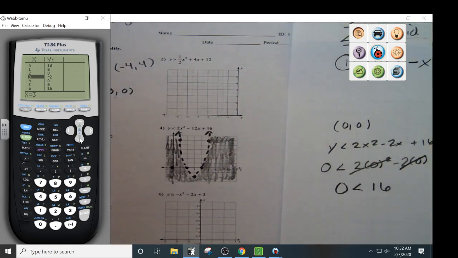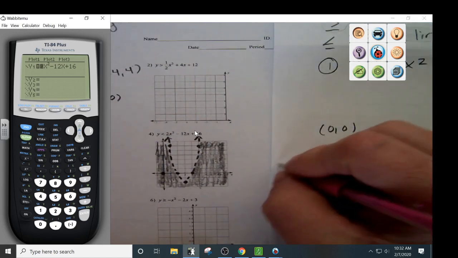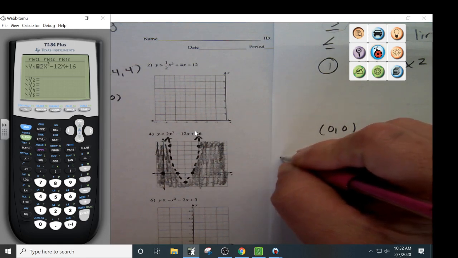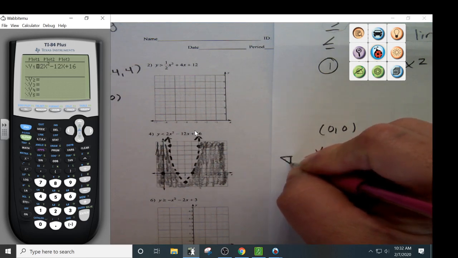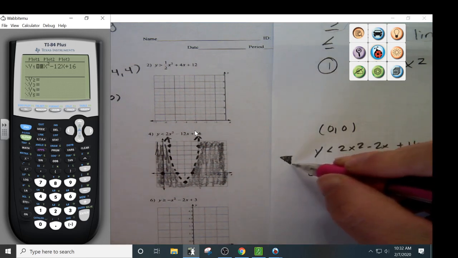If you like the calculator, I'll show you how to do it. So using this same example, on the calculator, you'll understand this more in just a minute.